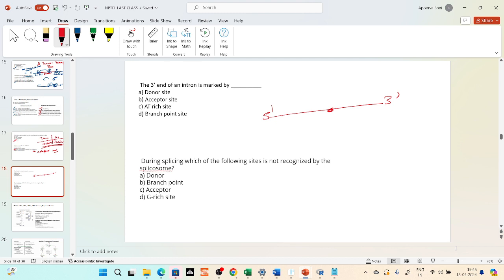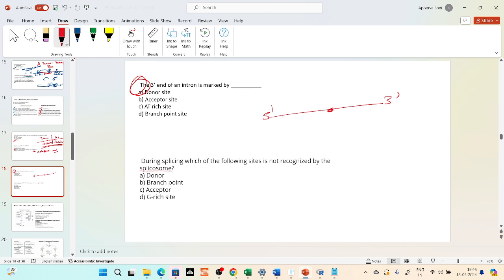Branch point, sir. Branch point, yes. And 5' end? Can anybody tell me? Even I am getting confused. That's why I'm asking you guys. Okay, we'll just leave this question because even I am getting confused here. We'll first solve all the questions and then we'll come back to this question.